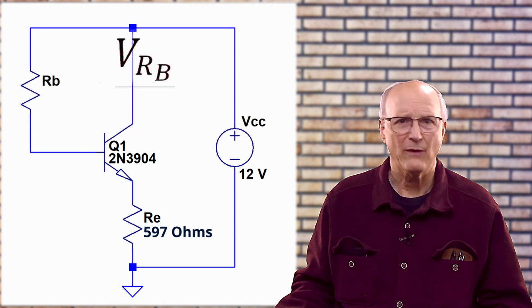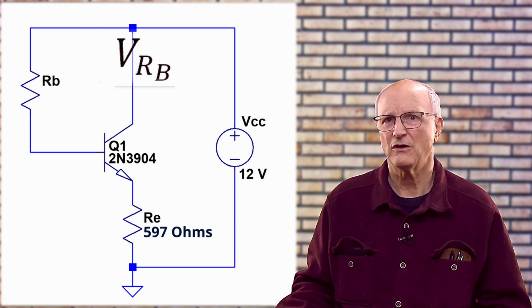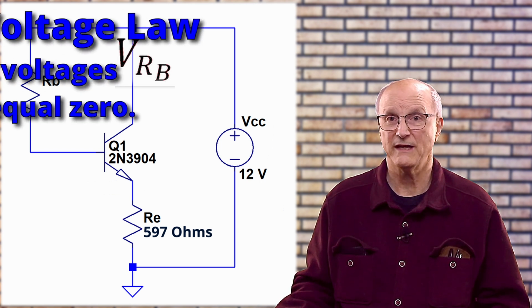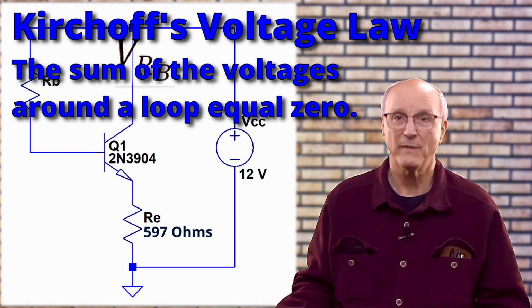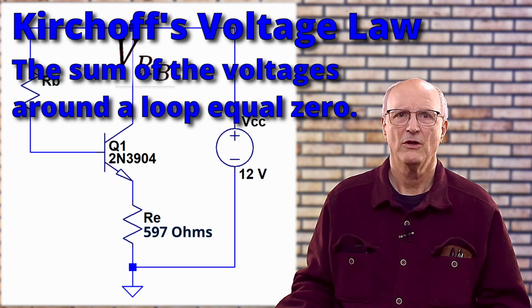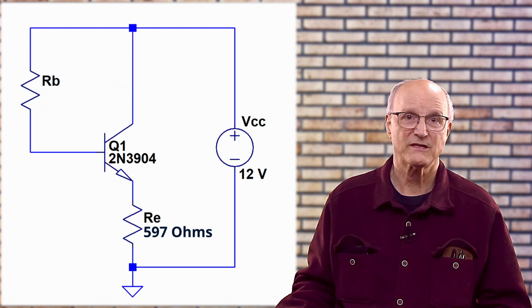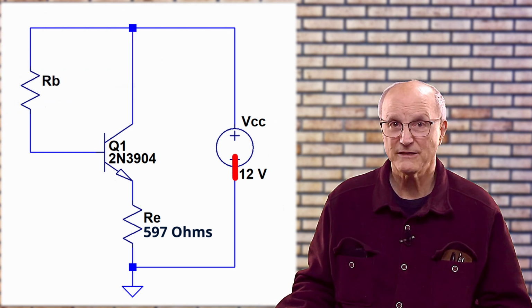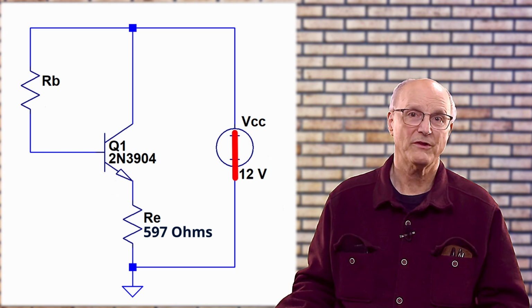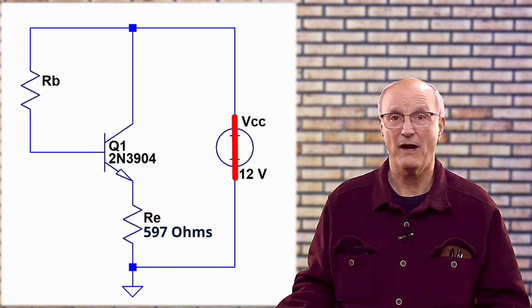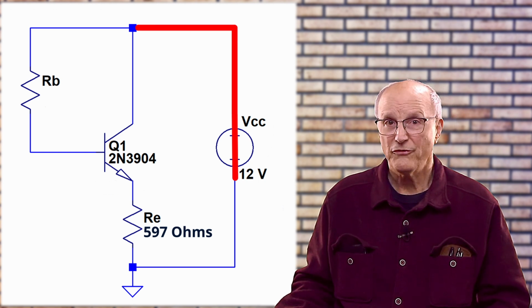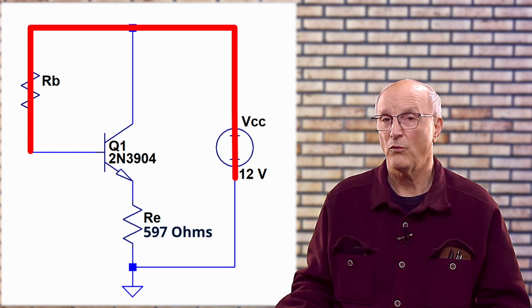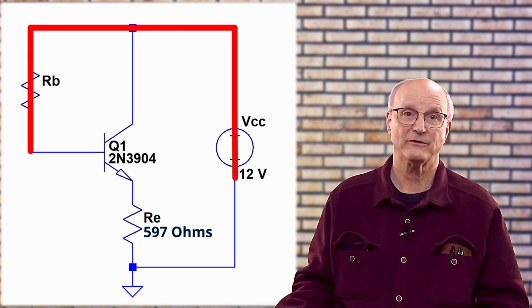To do this, I will use Kirchhoff's voltage law around the base loop, which states that the sum of all of the voltages around any loop must be equal to 0. Moving around the base loop, we start at the power supply minus terminal. We move toward the positive terminal. This is a positive change in voltage. We go down through the base resistor, moving away from the positive side of the power supply.